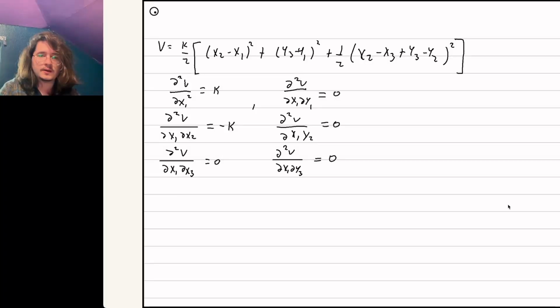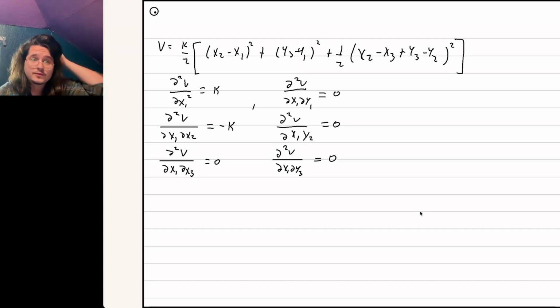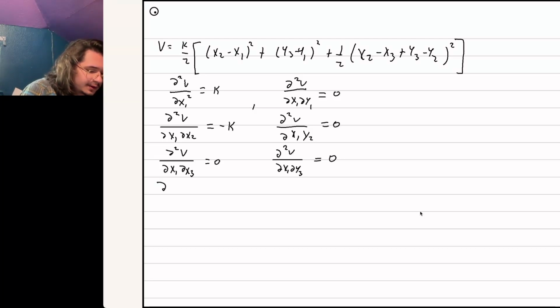Much later. My goodness, I hate this problem. So we basically have the first row of the potential energy matrix. We just got to get the next 5. So let's continue doing partial derivatives. Cool thing about this is that the potential energy matrix in this case is actually symmetric.